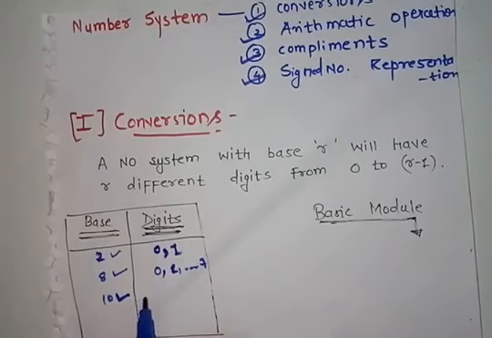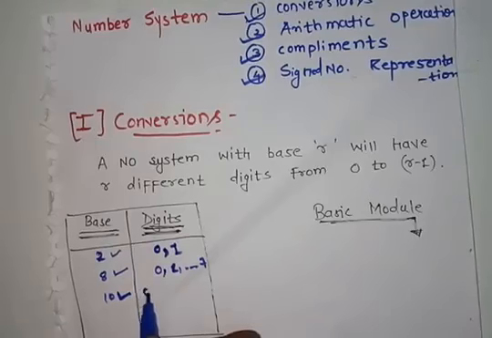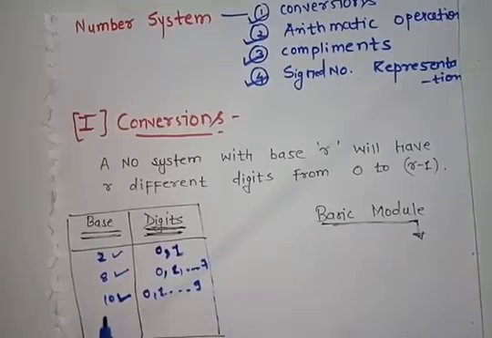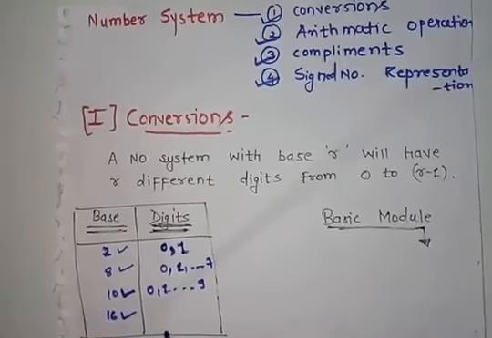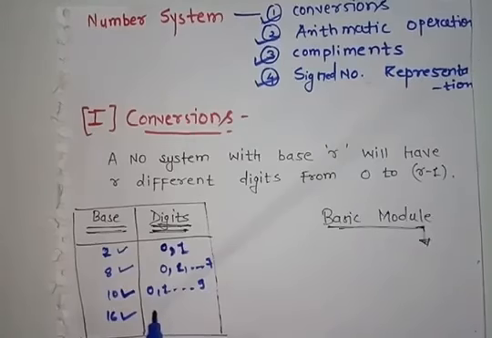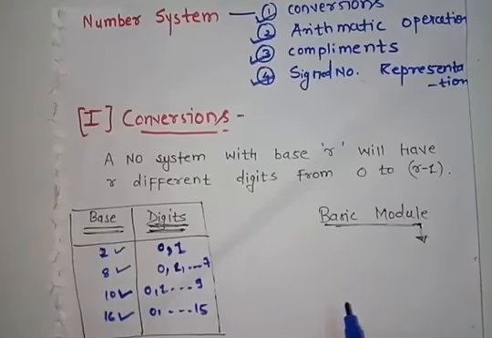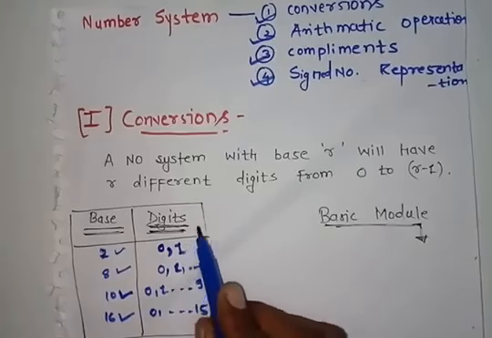Decimal number can be represented with digits from 0, 1 up to 9. Then we have base 16, which means hexadecimal number, which can be represented with digits from 0 to 15. This is what base and digit mean.